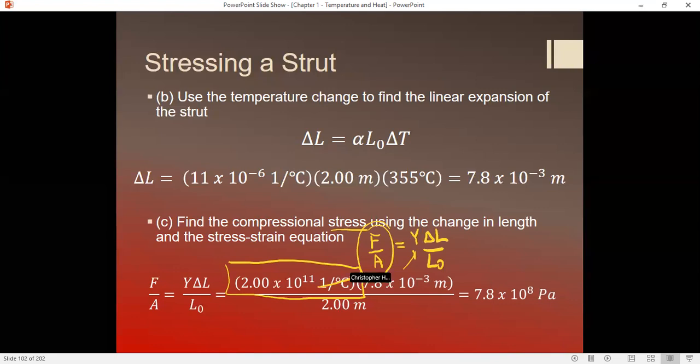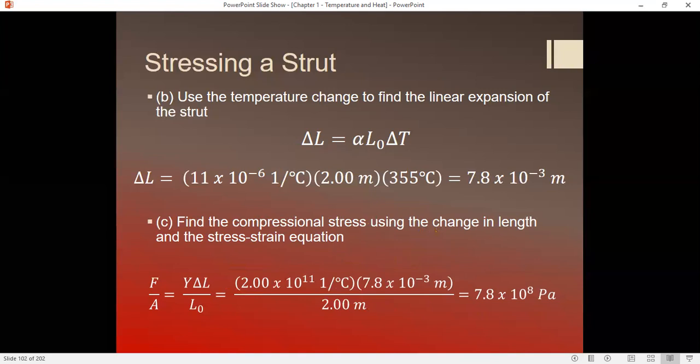In any case, the units are wrong here. That is actually pascals. I don't know why I put those units there. But in any case, here's our change in length. Here's our original length. And if it's not allowed to expand, that will generate 7.8 times 10 to the 8 pascals of stress. Okay?